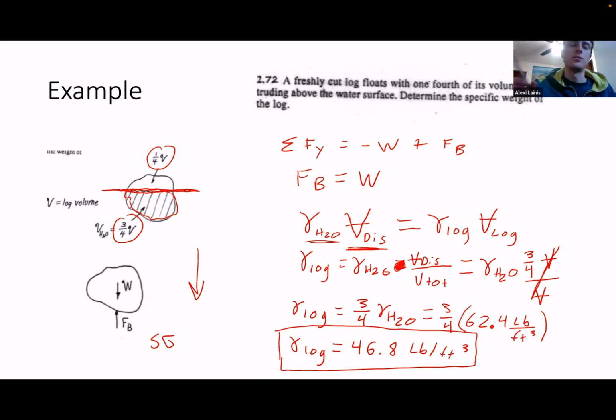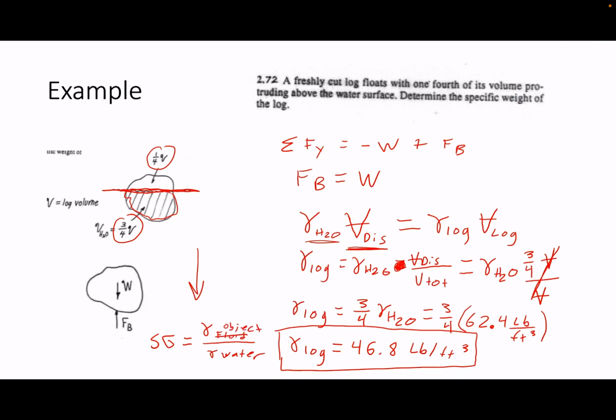So that relationship will still hold. So specific gravity is gamma of some object over gamma water. It doesn't have to be a fluid; this can be any object. Okay, thank you.